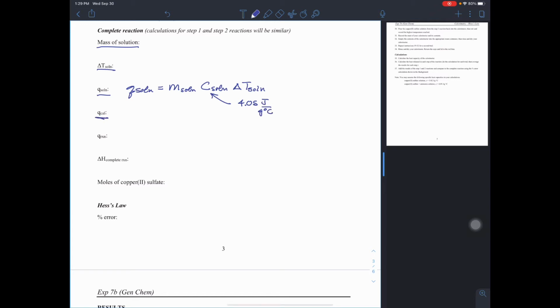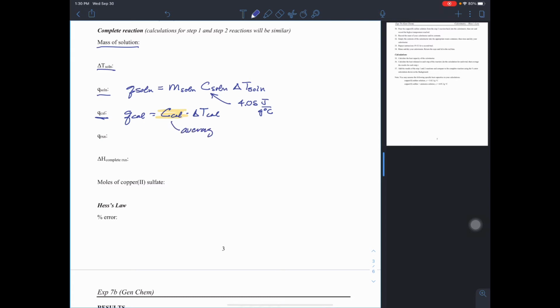Then Qcal equals C for the calorimeter times the change in temperature for the calorimeter. This C here is the average we calculated.